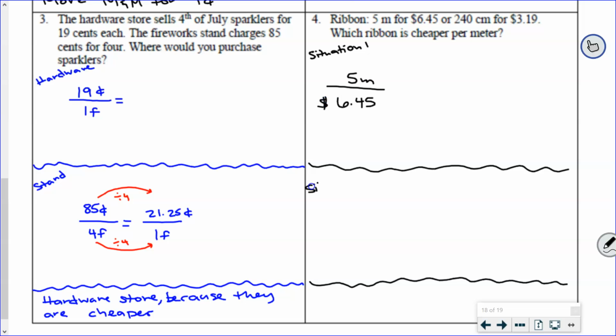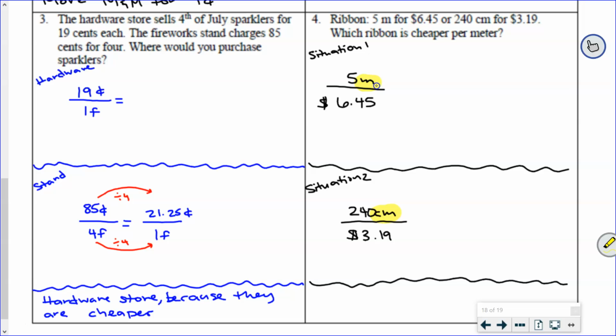Situation 2 is 240 centimeters for $3.19. And here's what I want you to pay attention to. Here we're using meters. Here we're using centimeters. This is going to be really hard to compare these ratios to even figure out the unit rates and to compare them when we're looking at different units of measurement.